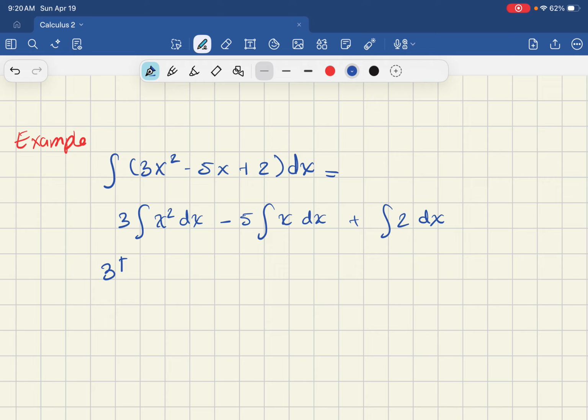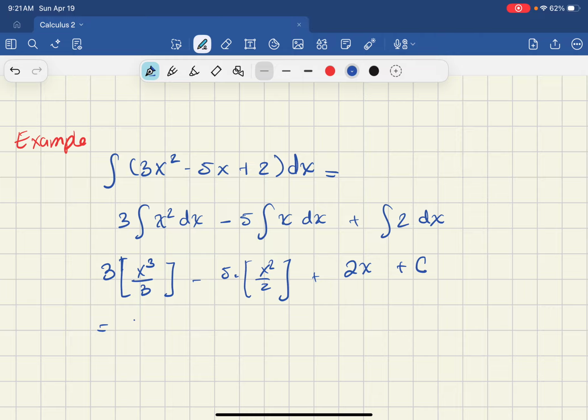This equals 3 times x cubed over 3 minus 5 times x squared over 2 plus 2x, and we cannot forget about the c. So this is equal to x cubed minus 5x squared over 2 plus 2x plus c.